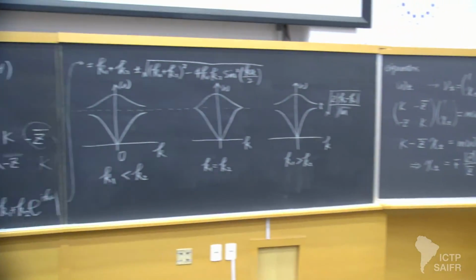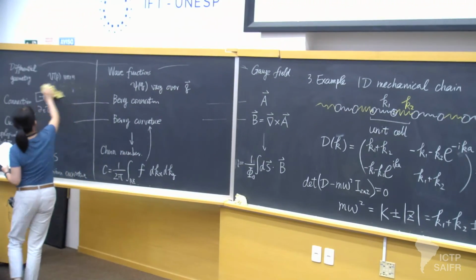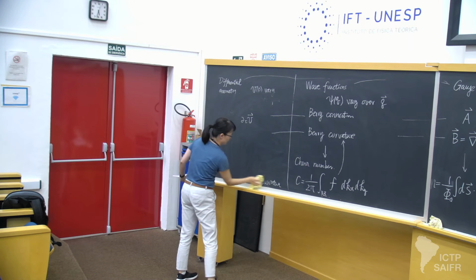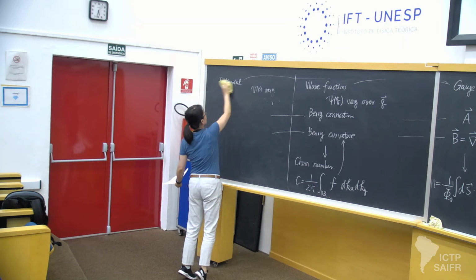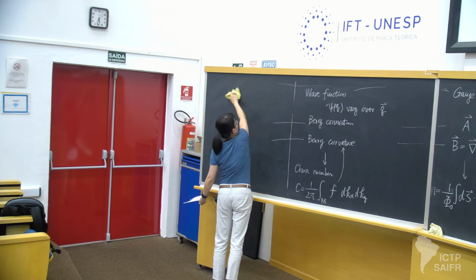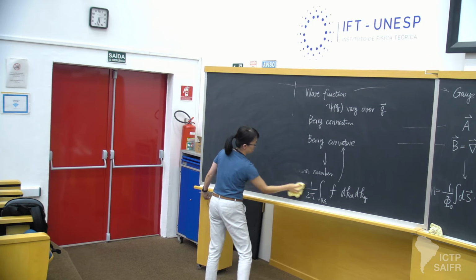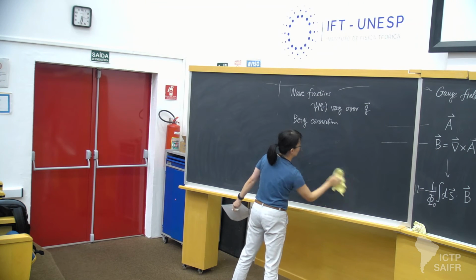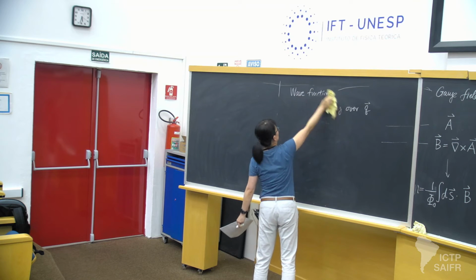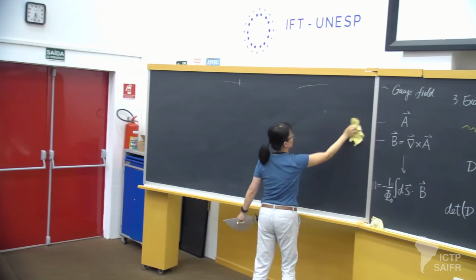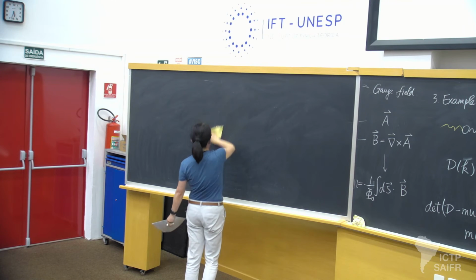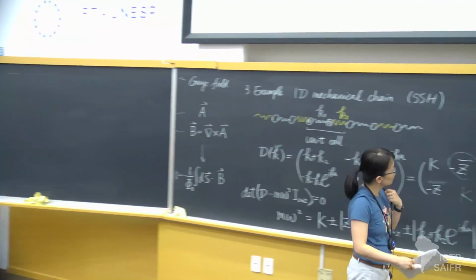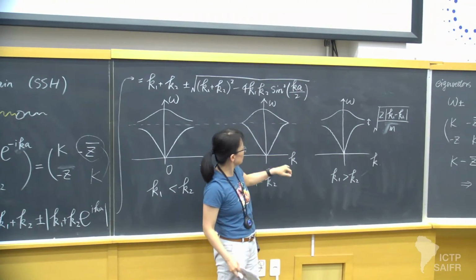I'm going to use the space on this side. So what is the eigenvector like when you take Ka to pi, right?